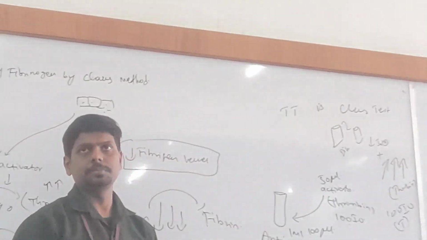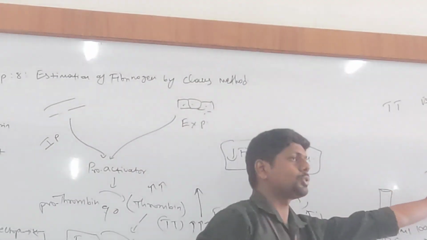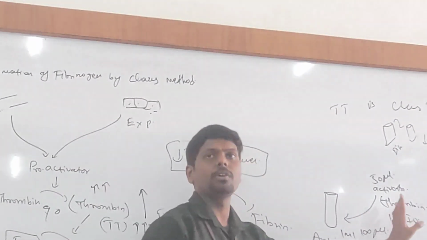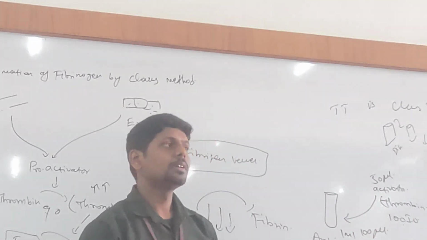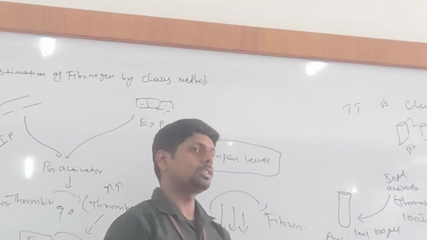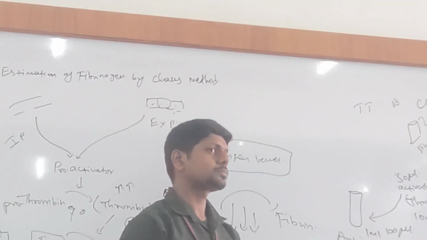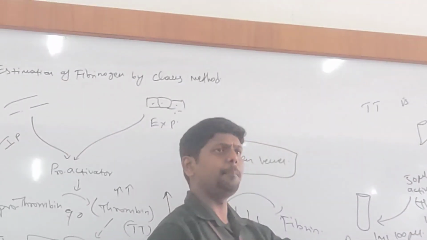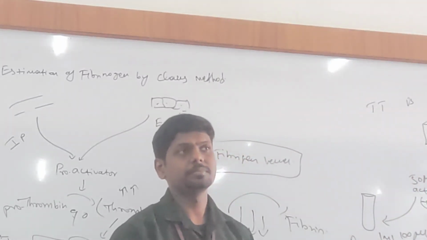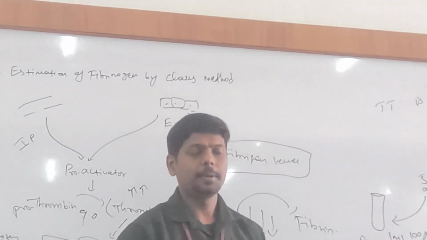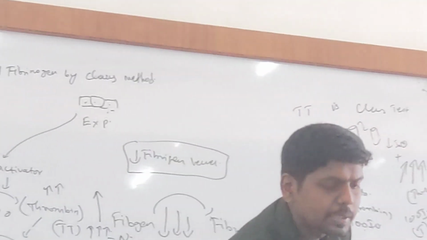This is the reagent. 50 microliters of thrombin to the 100 microliters of plasma sample. Yes. Any doubts? 100 microliters sample, 50 microliters reagent. Okay? Then what else?